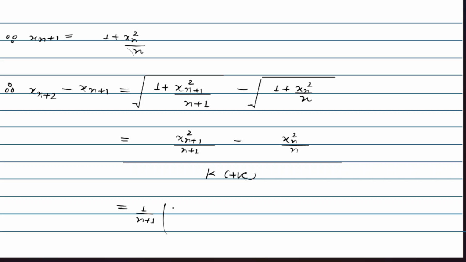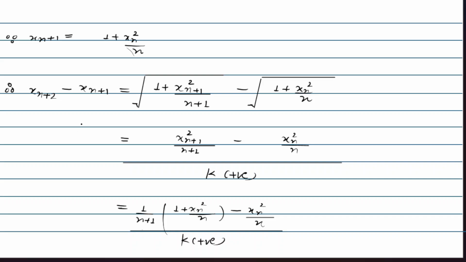So this will be 1 plus xn square upon n minus xn square upon n, and in the denominator there is a positive thing. Now I have to solve this.